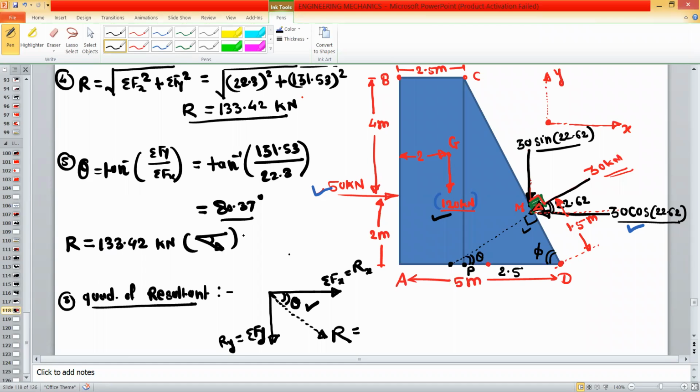Okay, and this angle theta is equal to 80.37 degree. So this is the complete representation for the resultant. Now next question is, we have to locate that resultant on the base AD. So you have to find out at which point this resultant will intersect the base AD.